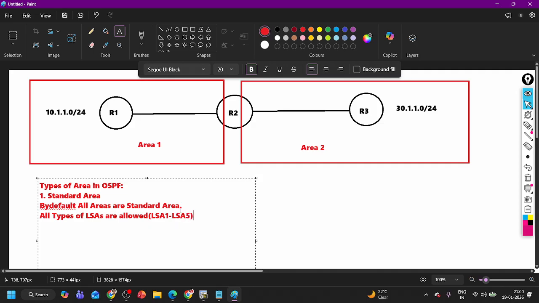Any LSA can enter a standard area and the router will have that in its database.